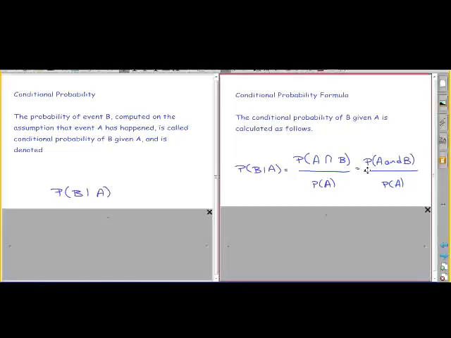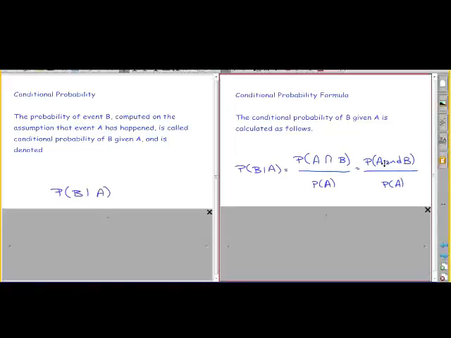So the probability that B will occur given that A has occurred is equal to the probability that both A and B will happen divided by the probability that A has happened. Now we actually don't use this definition that much. We rearrange the terms.